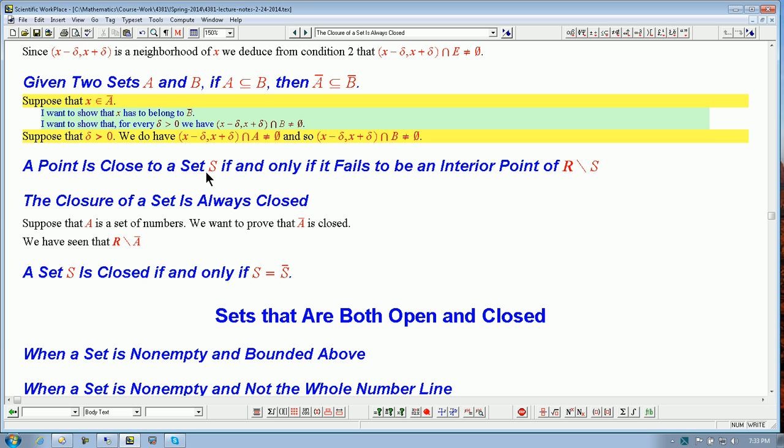A point is close to a set S if and only if the point fails to be an interior point of the complement. So a number will not be close to the set when it is an interior point of the complement. The number is close to the set when it is not interior to the complement.